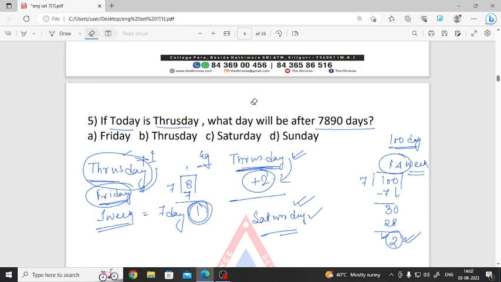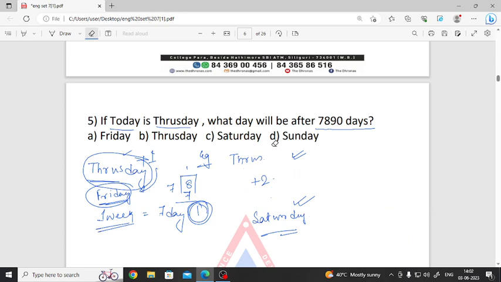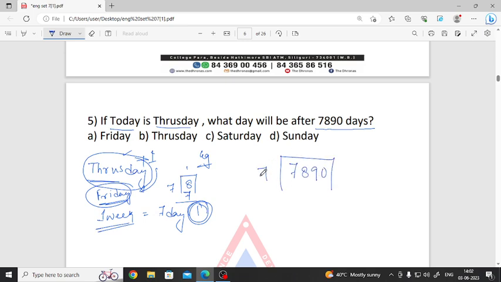Similarly, if we go with the question. Hope you got the point of what I'm trying to explain to you guys. So, what is the question? 7890 divided by 7. So 7 ones are 7. 8 comes down. 7 ones are 7, 1. 9 comes down.